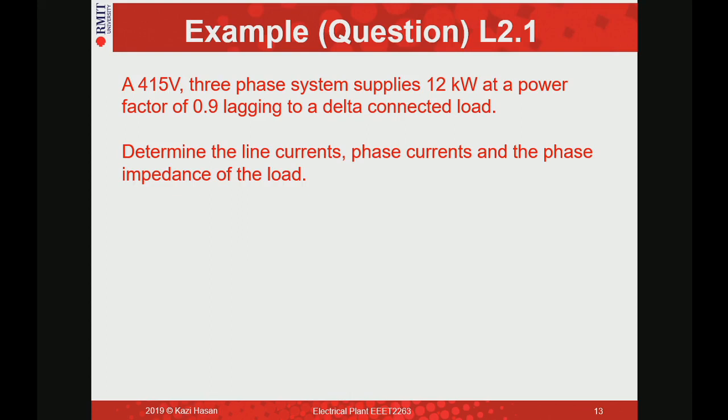First we write all of the quantities which are given. For example, V, because it is a delta connected circuit. So what is 415 volt? Is it phase voltage or line voltage? This is phase voltage. What will be line voltage if it is a delta connected circuit?